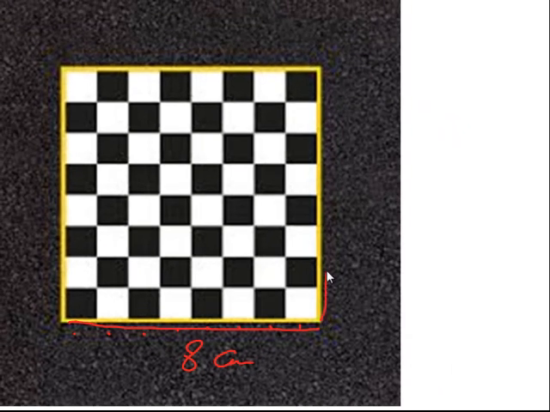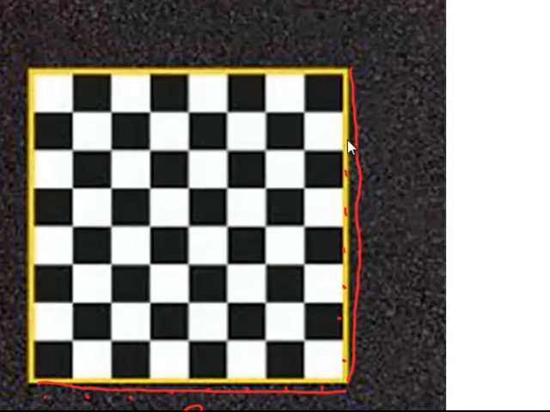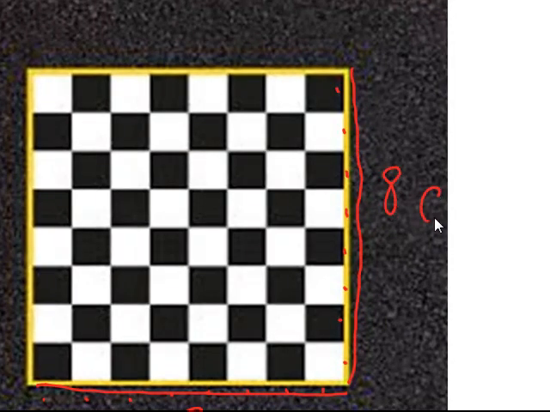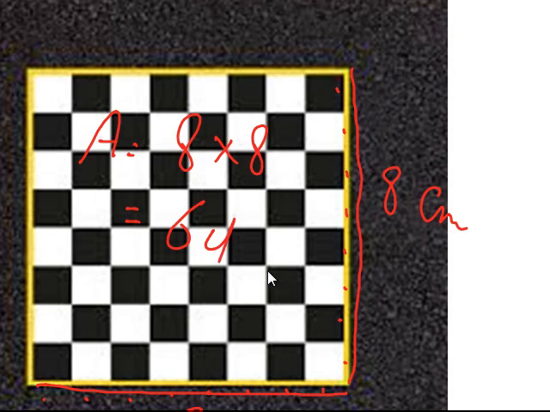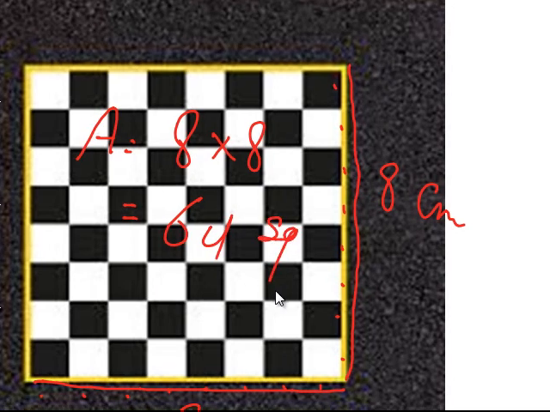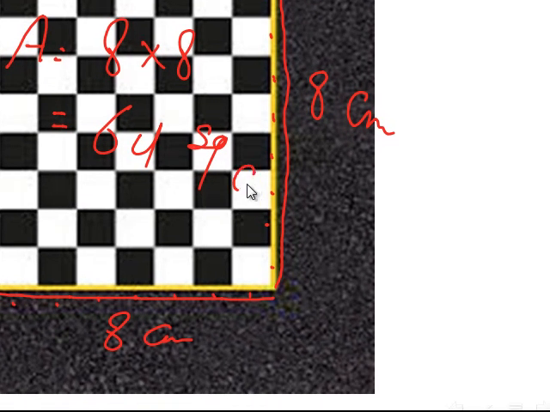And what is this side length? 1, 2, 3, 4, 5, 6, 7, 8. 8 also, 8 centimeters, for example. So its area, base times height. 8 multiply 8 equals, excellent, 64. 64 what? Squares. 64 square centimeters. Perfect.